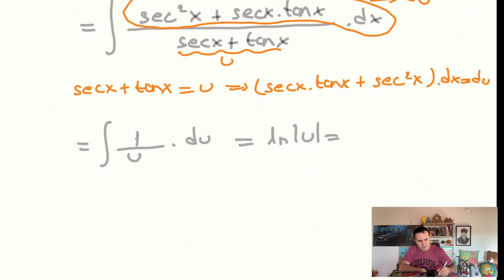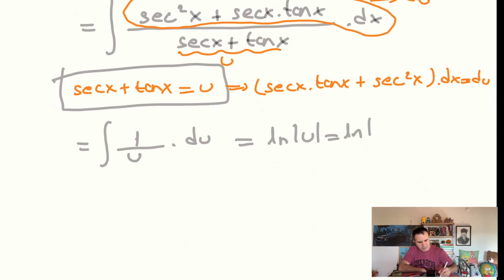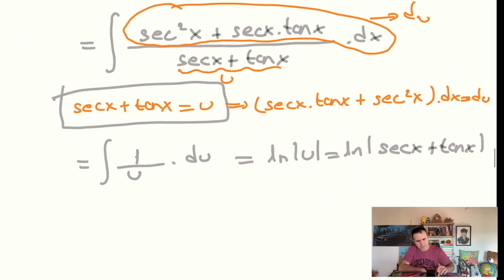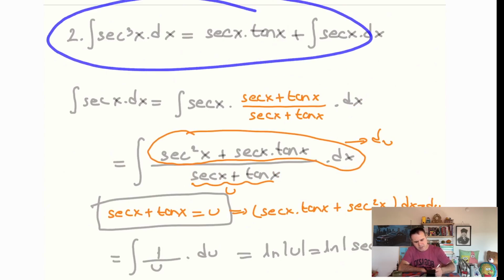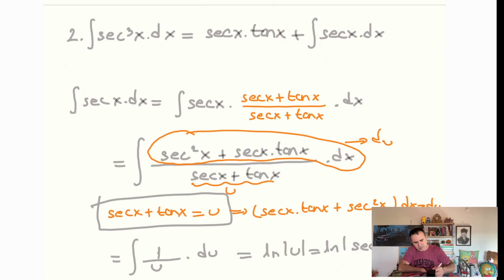And we said that secant x plus tangent x was u, then this integral becomes ln absolute value of secant x plus tangent x. So in this integral, we will write here ln absolute value of secant x plus tangent x.